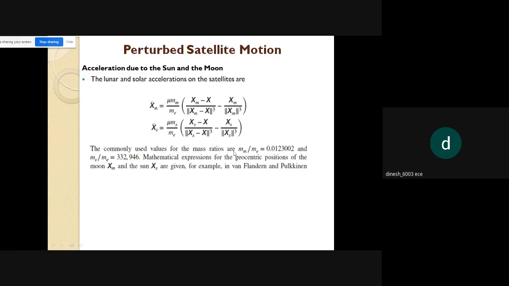So where the ratio of mm by me is always a constant, 0.0123002, and ms by me is 332,946. So these are the expressions which were determined by Plander and Plonick, their determination.